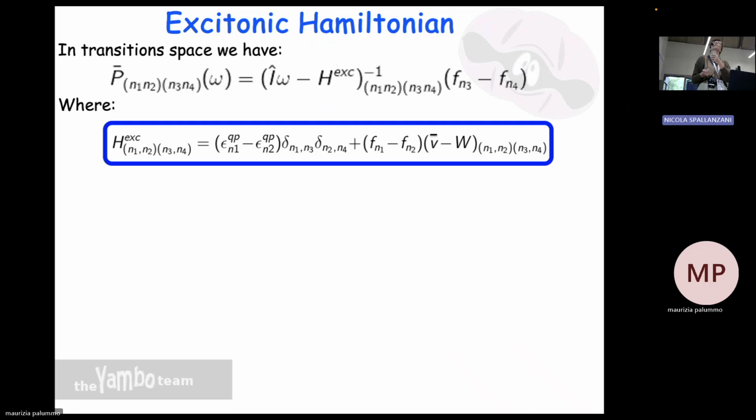The equation does not depend on omega because we eliminated all the dependence on omega, since we assume that the kernel W is static. So we have this equation and the excitonic Hamiltonian. Now let's try to understand which are the terms. As you see, the excitonic Hamiltonian depends on the indices of this transition space, that are the conduction states. So we have a term that is the diagonal part of the excitonic Hamiltonian.